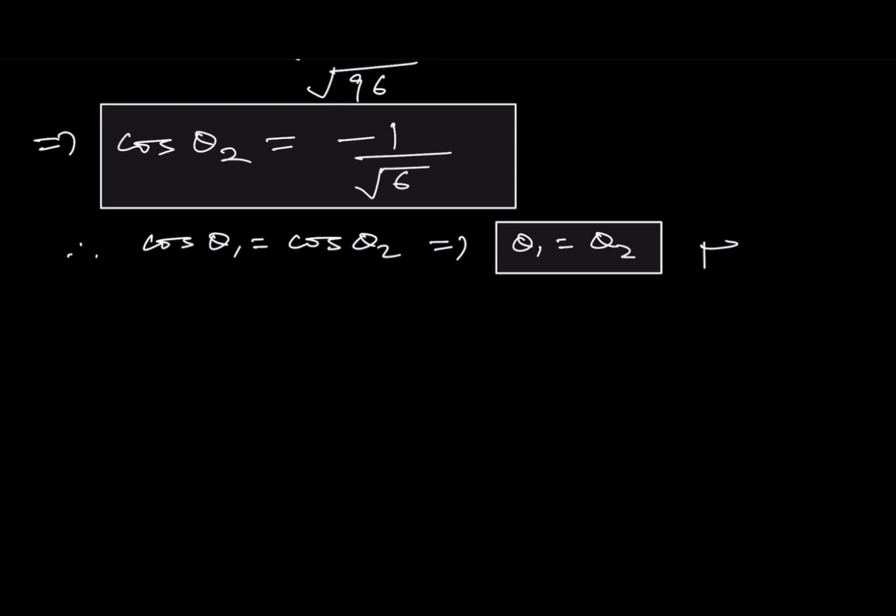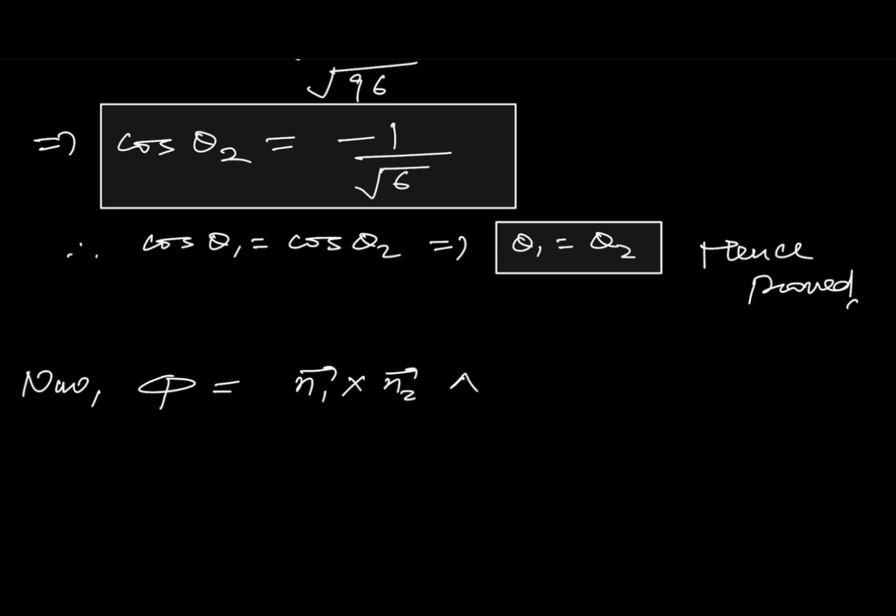Okay, now let's come to the second part. Angle between n1 cross n2 and j cap. Now let phi be the angle between n1 cross n2 and j cap.